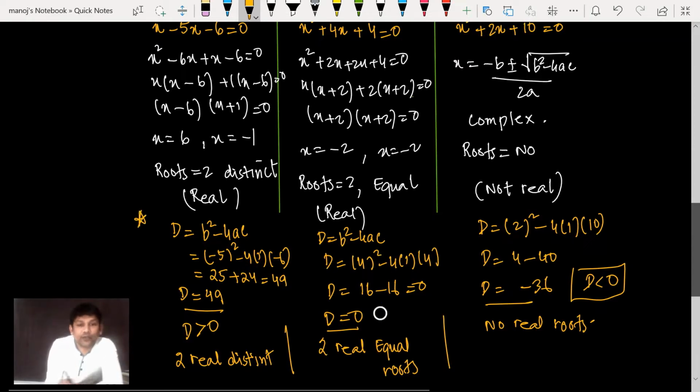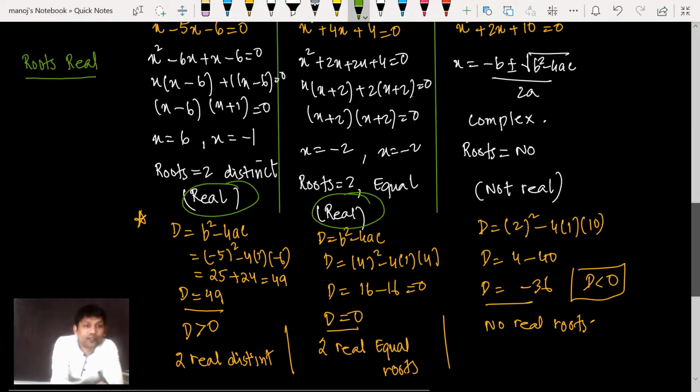Okay, one thing very important. This part I am writing here is real, and this is also real. When the question is given, and distinct or equal are both not given, just write that the roots are real, only real. So this condition is what? Your discriminant here is greater than 0, here is equal to 0, here is less than 0.